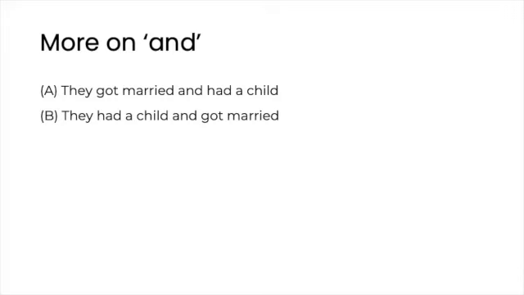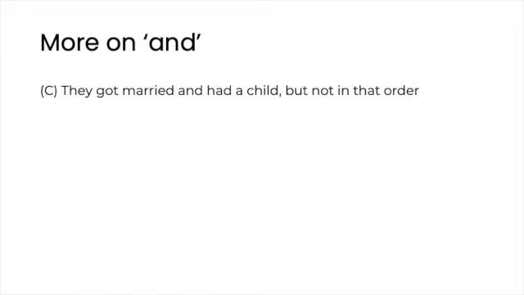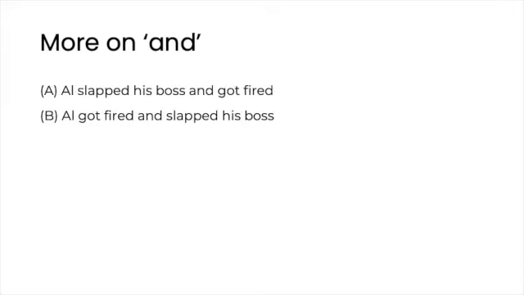However, this is something that the speaker fills in, so to speak, and is not necessarily part of the meaning of "and." After all, someone could say "they got married and had a child, but not in that order" without contradicting themselves. Likewise, compare A: Al slapped his boss and got fired, and B: Al got fired and slapped his boss.